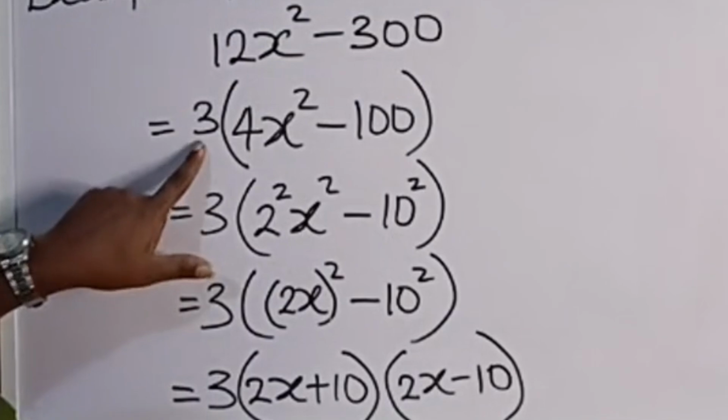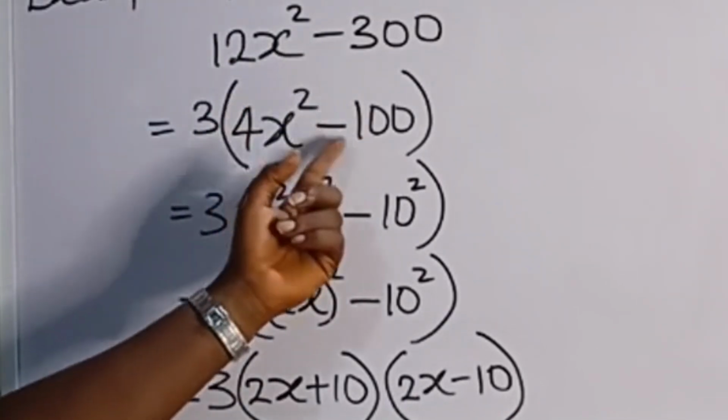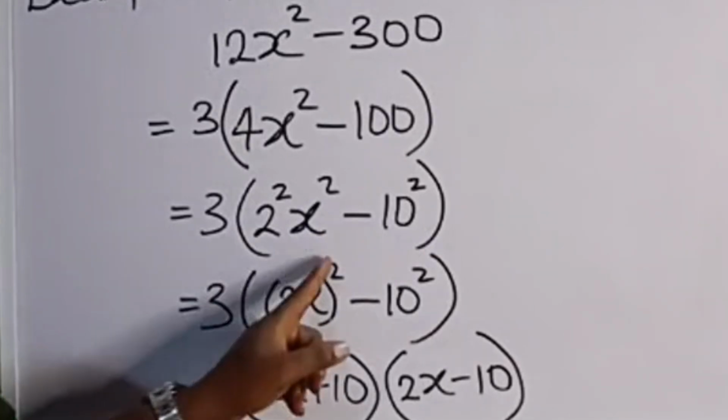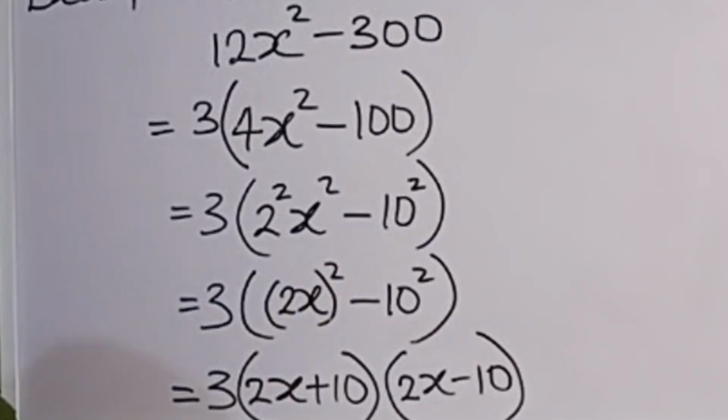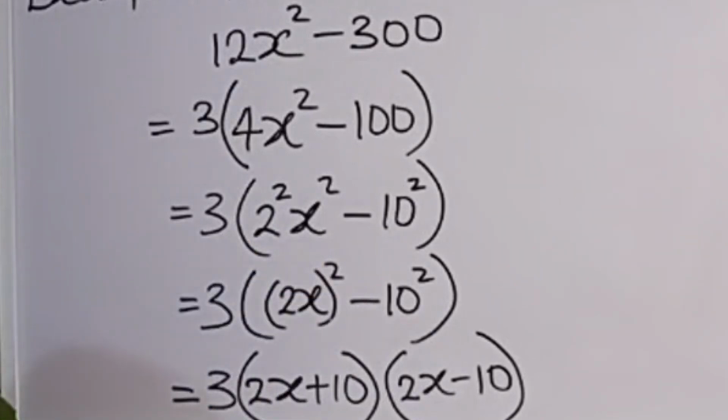So we picked out 3 and we used 3 to divide both terms. Now we have 4x squared minus 100. Now we are getting the perfect squares. So we give them a common exponent, and then we go further to use difference of squares. Okay, let's look at another example.